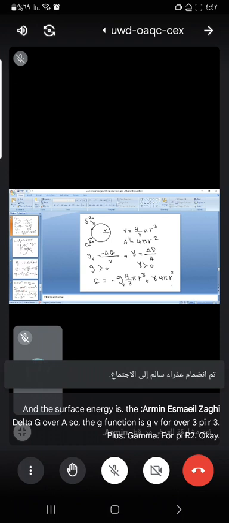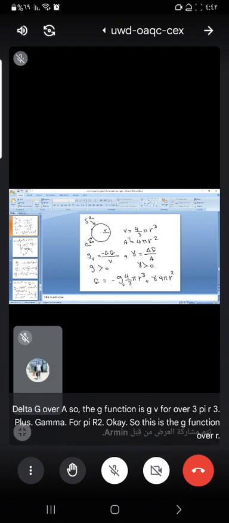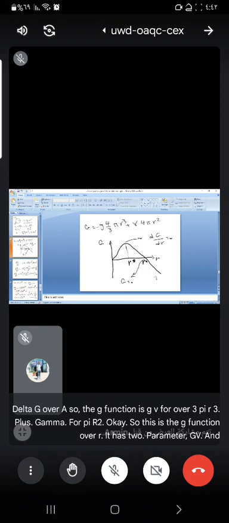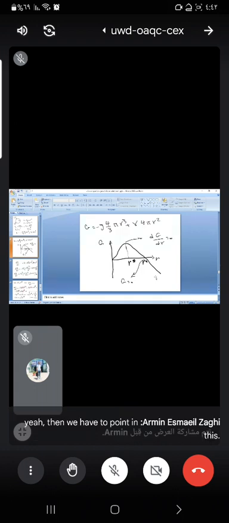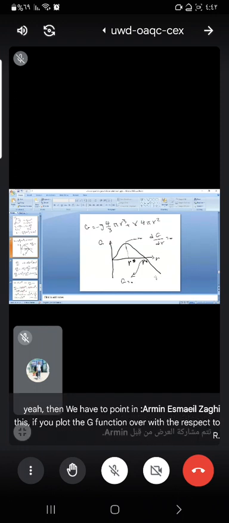Okay, so this is the G function over R. It has two parameters, GV and gamma. Then we have 2 points in this. If you plot the G function with respect to R, the radius of your particle, we have 2 points.